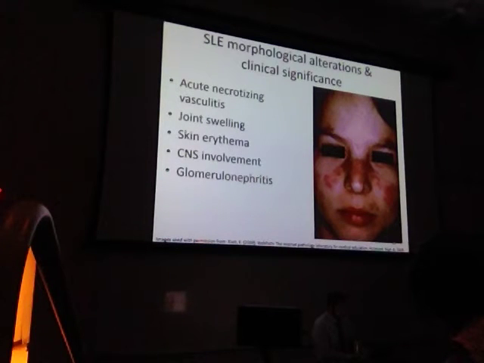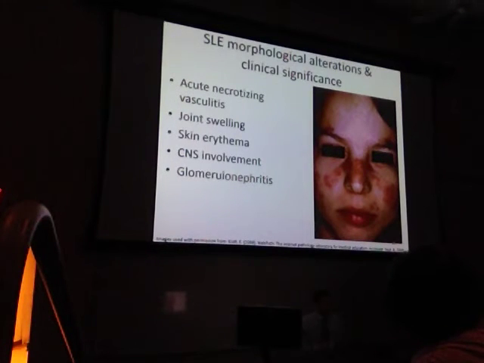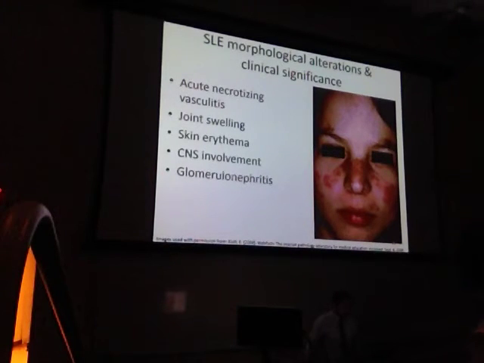The other one is we get a lot of joint swelling. We get redness of the skin or skin erythema, like what you're seeing with this butterfly rash. We find vasculitis in various parts of the body.